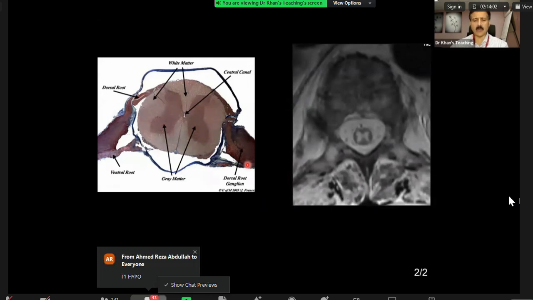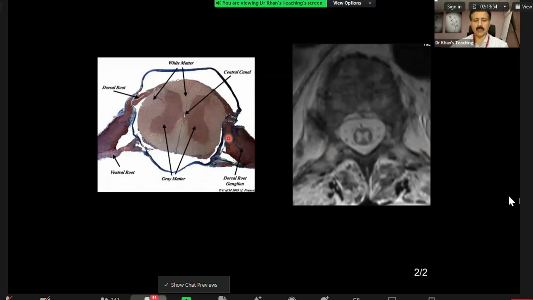Key exam point to remember. Anterior spinal artery supplies the gray matter, which is this H. At times, the anterior spinal artery also supplies a bit of white matter surrounding it. So there are variations.